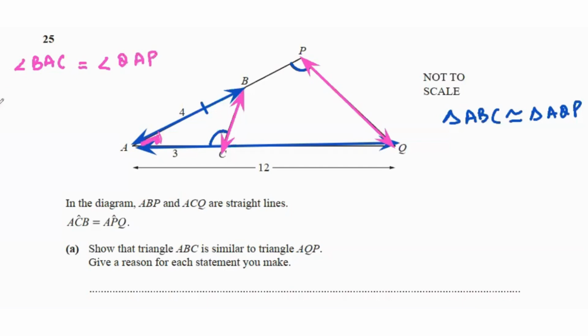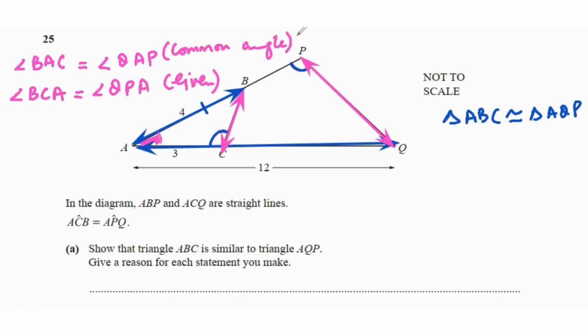Okay, common angle. Then we already know the given that angle BCA is the same as angle QPA. That was the given. This is our common angle.